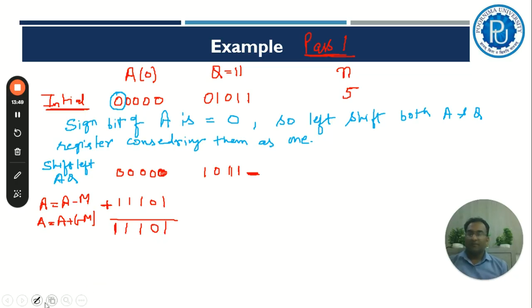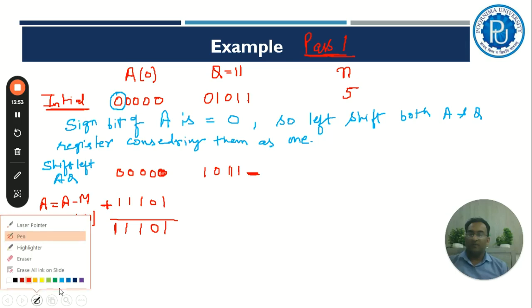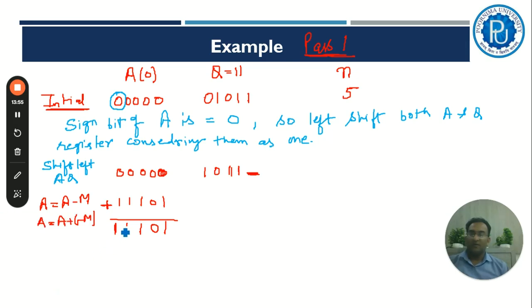So now, after the operation, what is the sign bit? Sign bit after subtraction is 1.